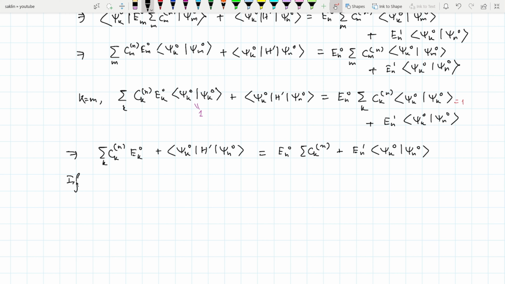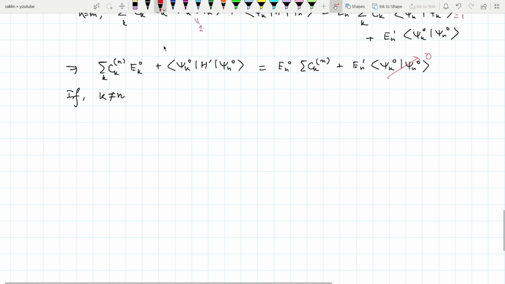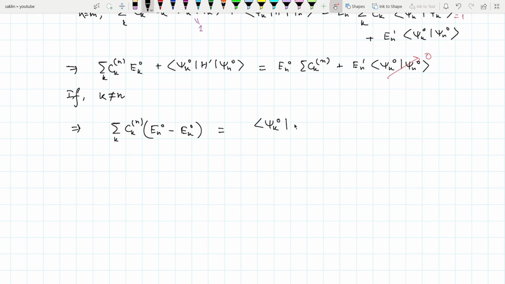If we consider k not equal to n, then this term will be 0, and we can write here Ckn En0 Ek0, and that will be psi k0 H dash psi n0.